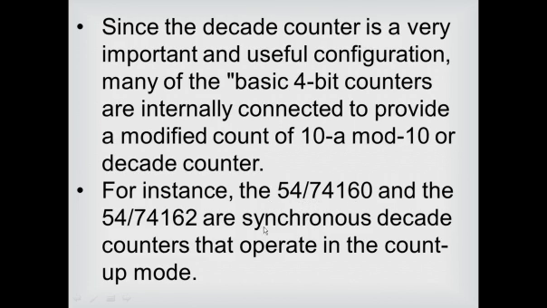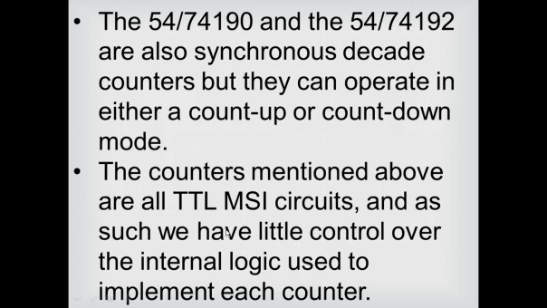54/74160 and 54/74162 are modified from 161 and 163 and converted into decade counters or modulus 10 counters, but they can operate only in count up mode. They cannot operate in a count down mode.